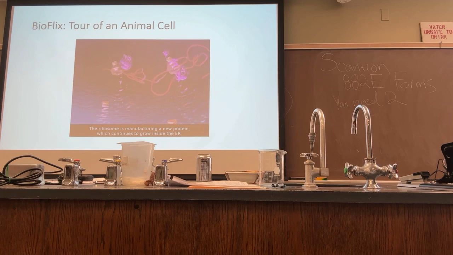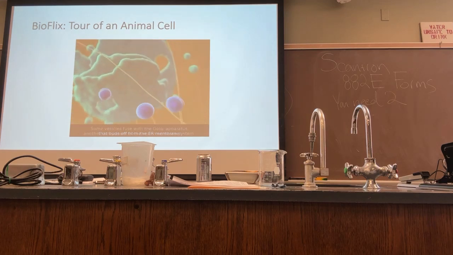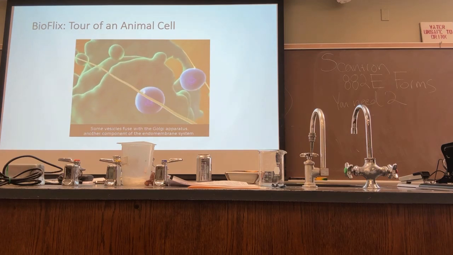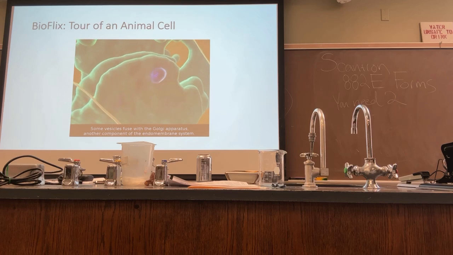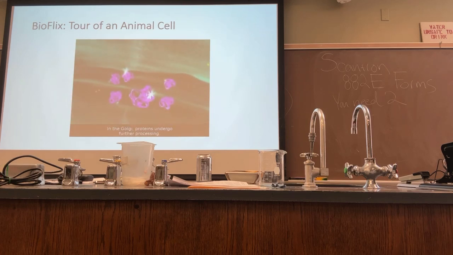The ribosome is manufacturing a new protein, which continues to grow inside the ER. Completed proteins move to the edge of the rough ER and depart in a vesicle that buds off from the ER membrane. Some vesicles fuse with the Golgi apparatus, another component of the endomembrane system. In the Golgi, proteins undergo further processing.